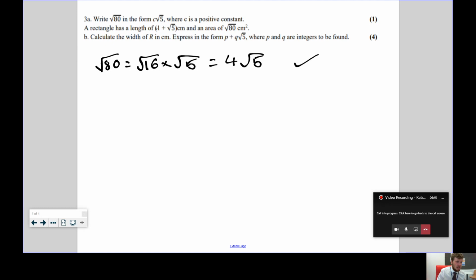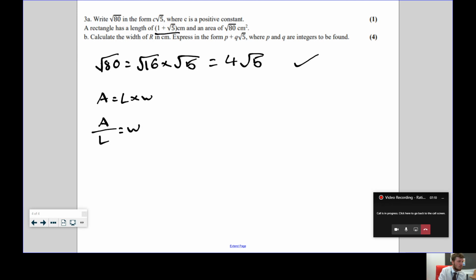A rectangle has a length of 1 plus root 5 centimeters and an area of root 80 centimeters. Calculate the width. Okay, so the area is length times width. So therefore, if I want the width, I need to do my area divided by my length, which would give me my width.